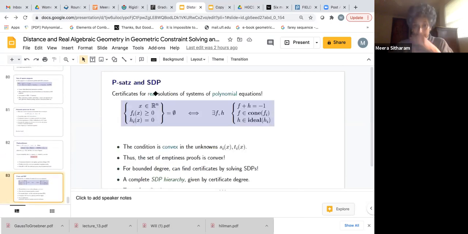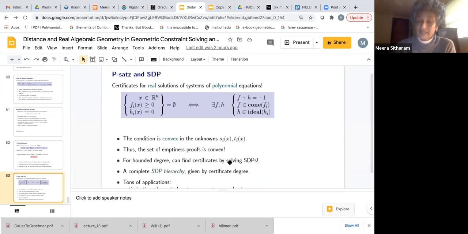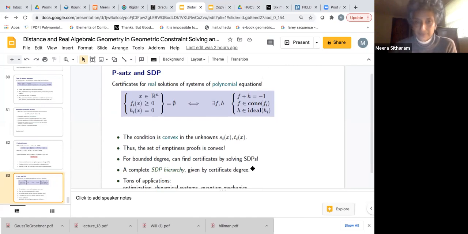It says that the set of real solutions to polynomial equations and inequalities is empty if and only if you have F and H where F plus H is -1, F is in the cone, and H is in the ideal. Remember that in the definition of the cone, we had these s_i, which had to be sums of squares, and checking sum of squares is just an SDP problem. So the set of emptiness proofs is convex. The key thing is that if we have bounded degree, then we can find the certificates by just solving semi-definite programs.